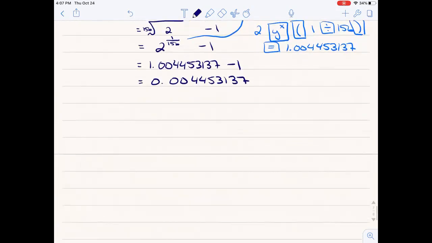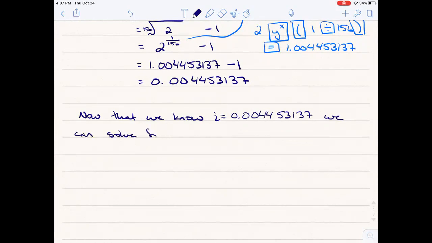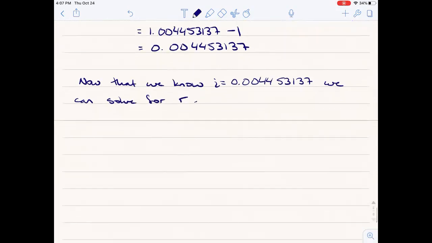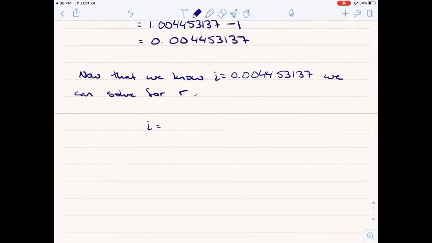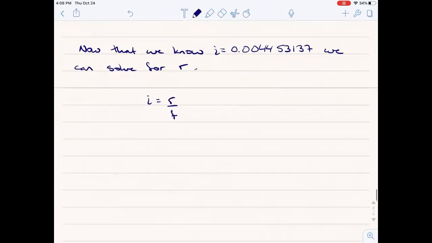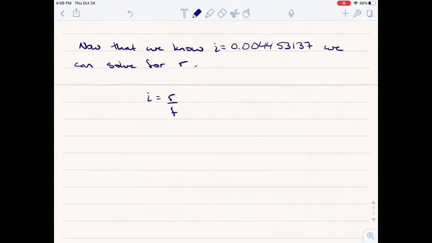So now that we know I is 0.004453137, we can solve for R. Remember that I is R over F. If I know I and I know F, I can solve for R, right? And so just using the variables here, to get R on its own, I would have to multiply both sides by F. So then I get R is I times F.